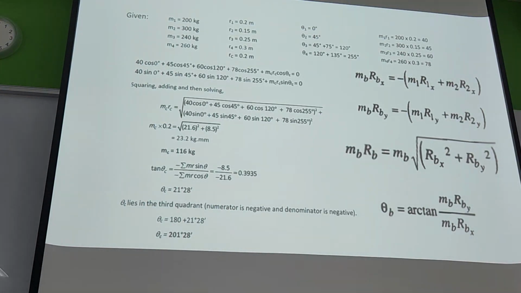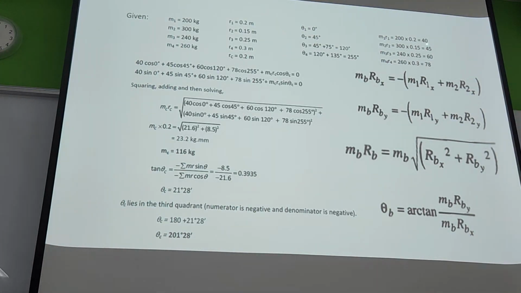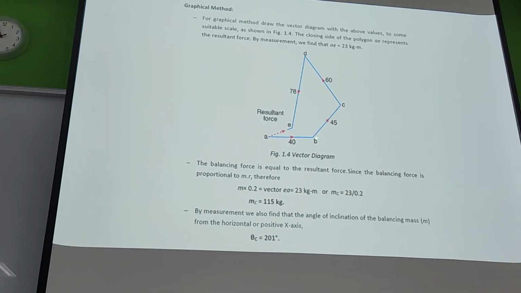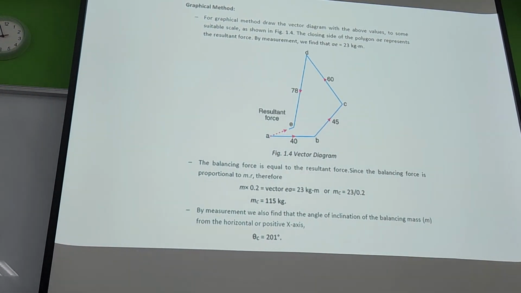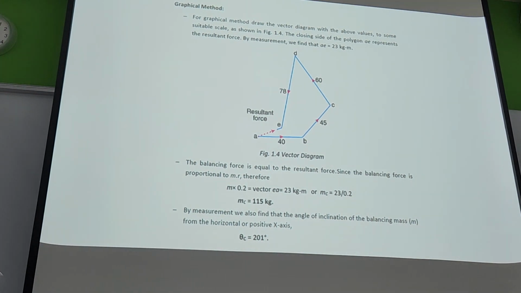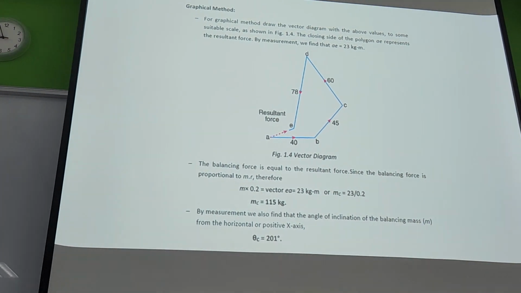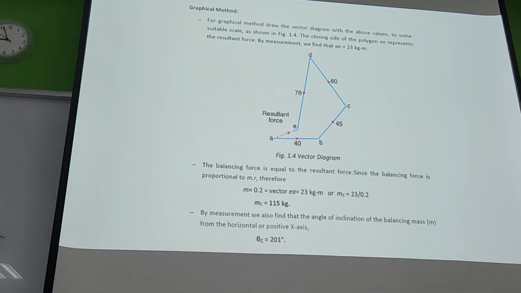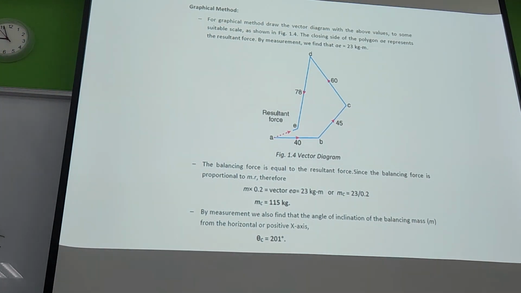Omega is common for all the forces, so we are just avoiding omega. So you just draw M1R1, 40 units along 0 degree. Okay, so that is from here to here, A to B. So the first vector is 40 units, 0 degrees.